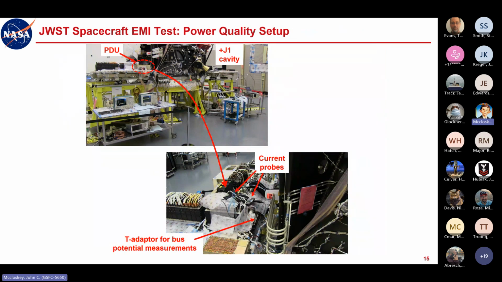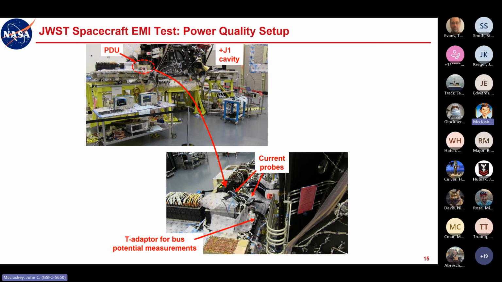But here's the setup where we took advantage of an opportunity when the panel with the PDU was still going to be open. Ideally you would want everything in the flight configuration and all buttoned up, but with it all buttoned up, we'd be less likely to be able to connect our probes to anything.